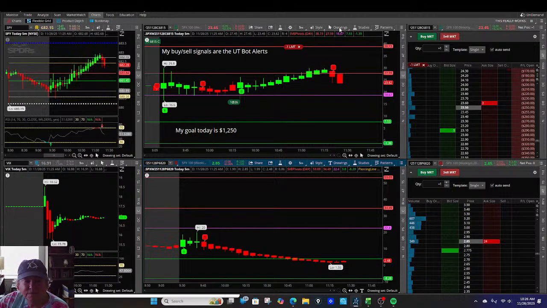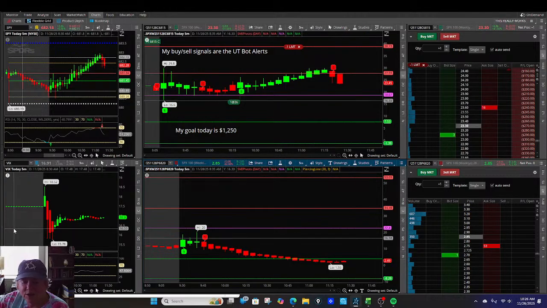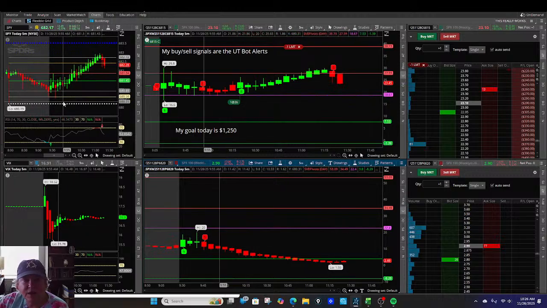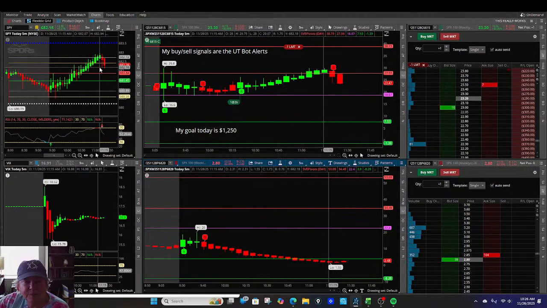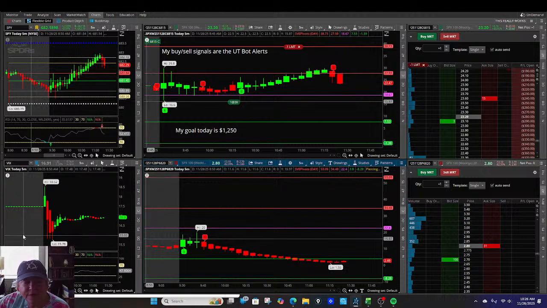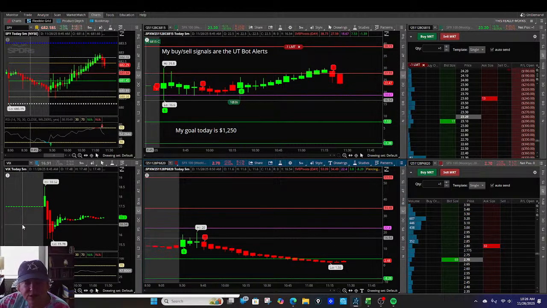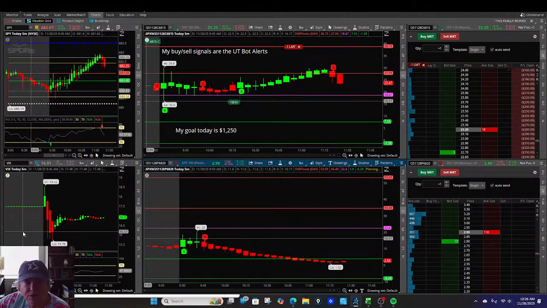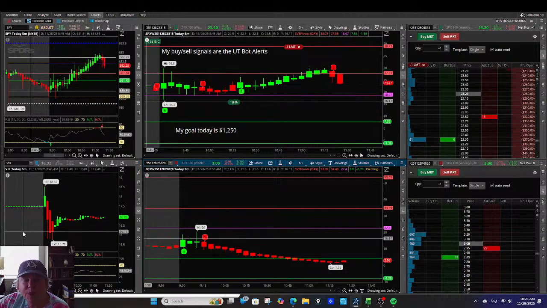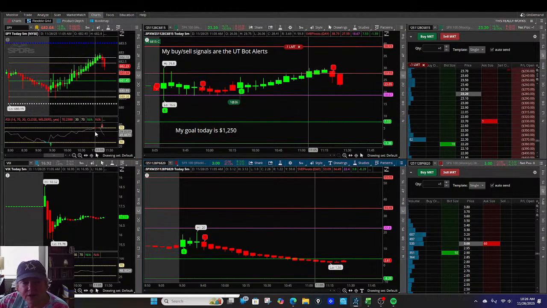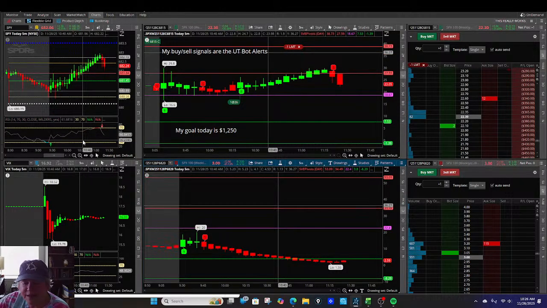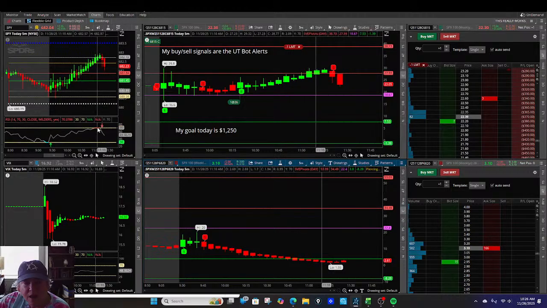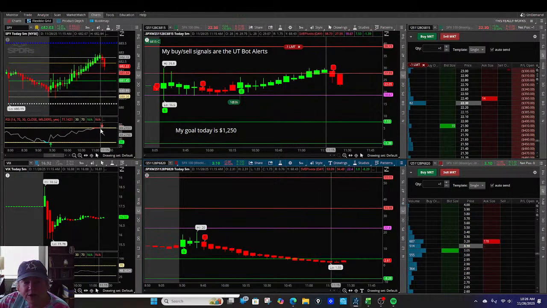Just watching it. If I compared these two and asked myself what is the best chart, it would definitely be the SPY. And the VIX is the volatility index, and it's just kind of like an opposite of the SPY. Now up here on the RSI, which is the relative strength index, it hit an overbought situation.